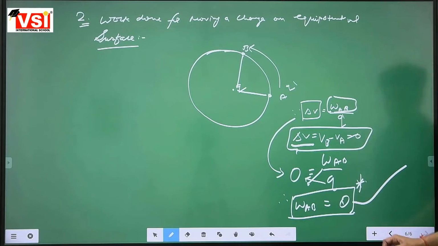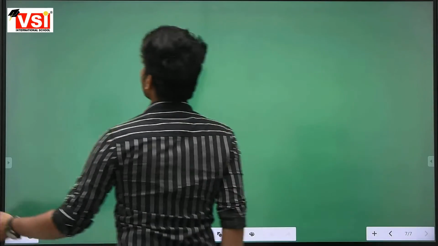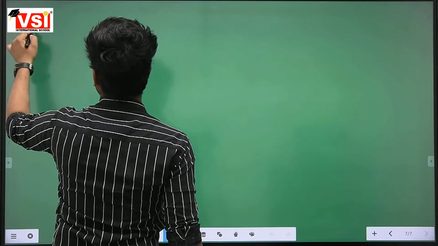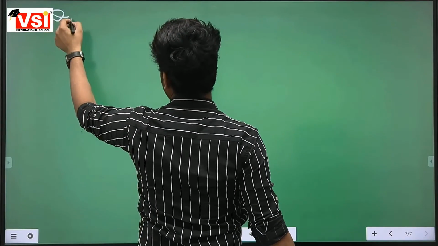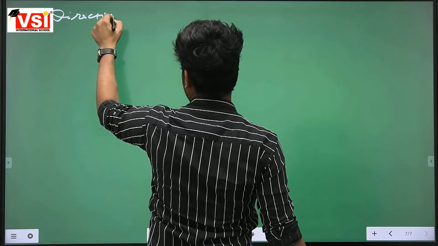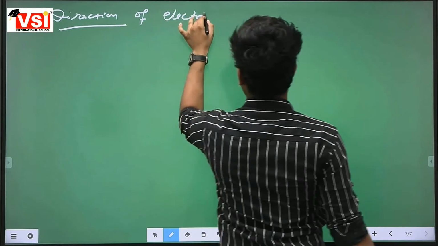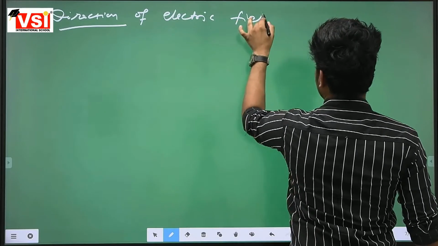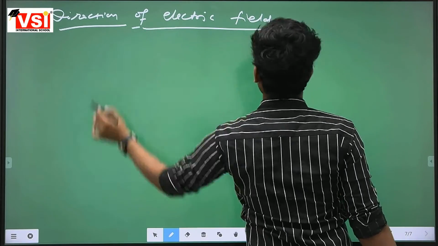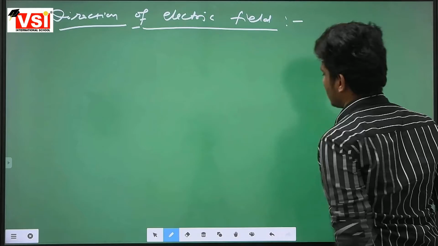Let's see another characteristic based on the equipotential surface: the direction of electric field on equipotential surface.